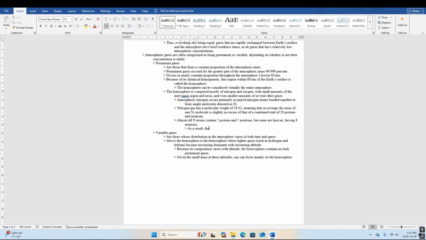As a result, the average molecular weight of N2 is slightly greater than 28.